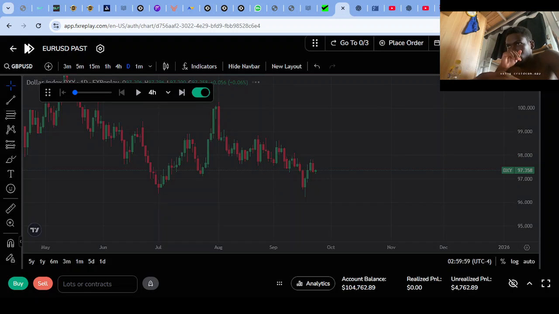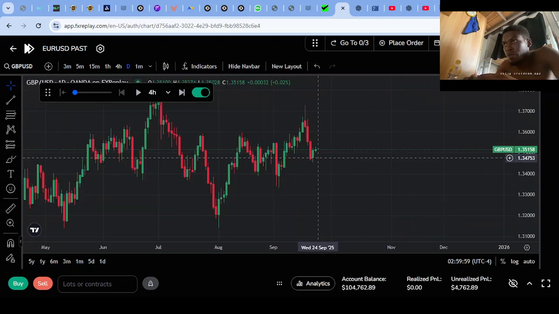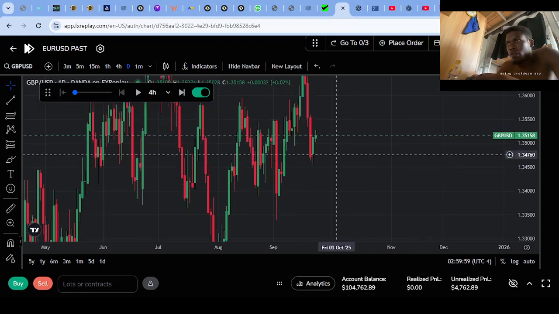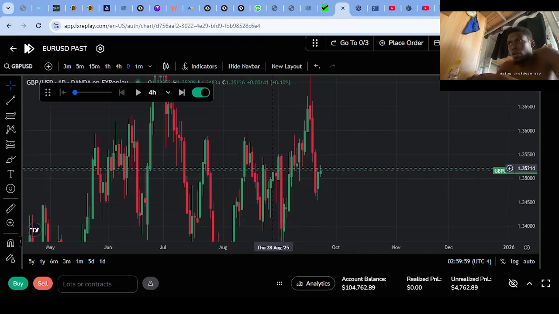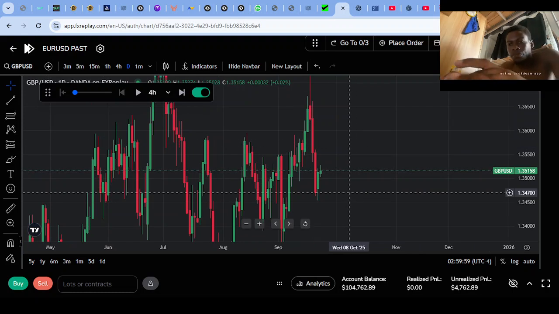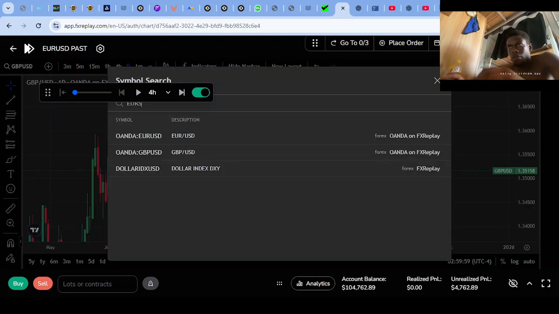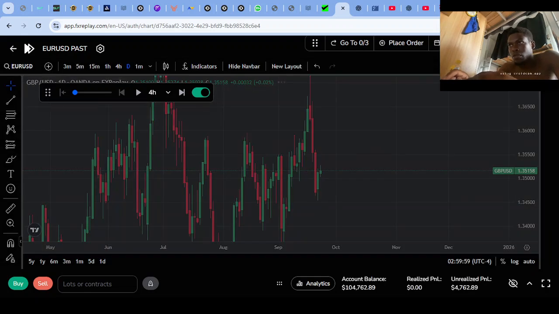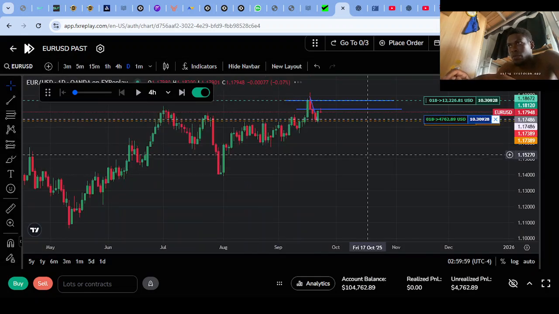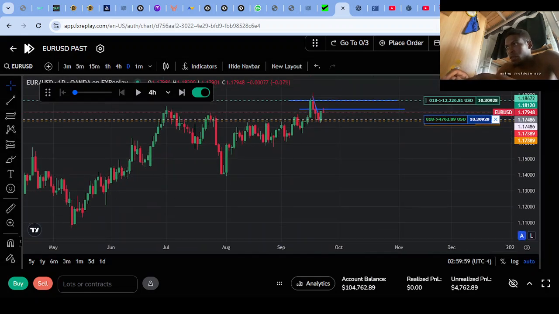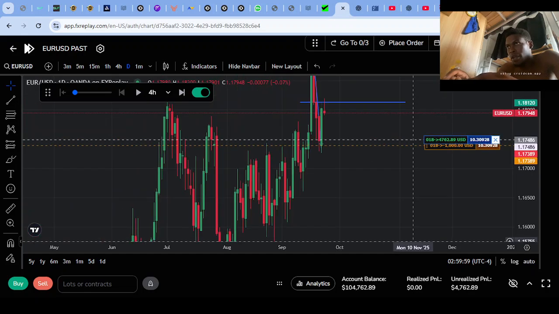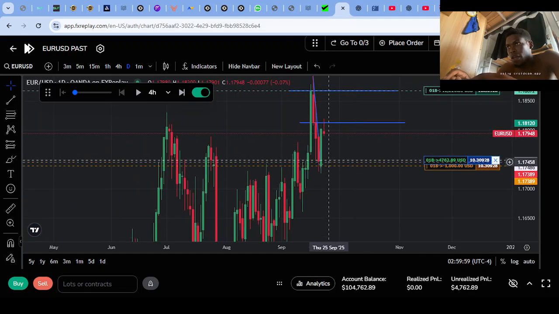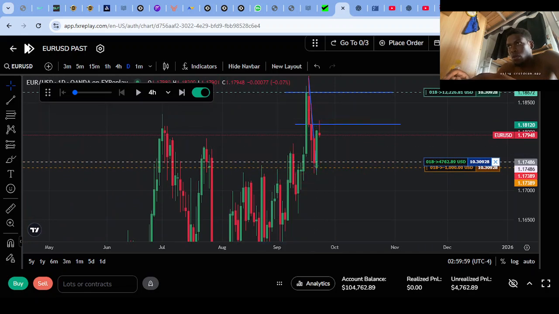And JPY, GBPUSD is pretty much having to cover all this area right here of imbalance. If we go back to Euro, we'll see that we have to go up, right?